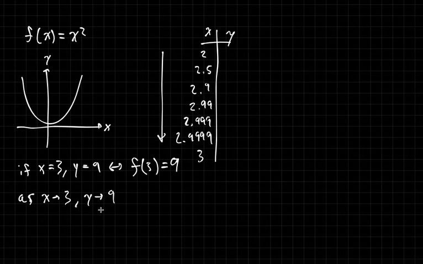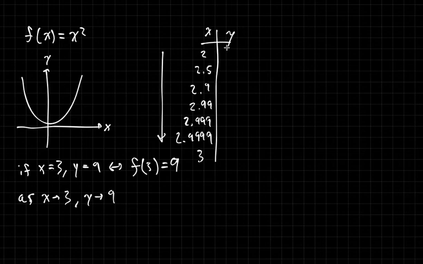So how can I illustrate this? Well, I have a chart here. So maybe if I just plot out these resulting outputs and I observe what these numbers are headed towards, the behavior of these numbers, maybe I could observe what y approaches as x approaches 3.